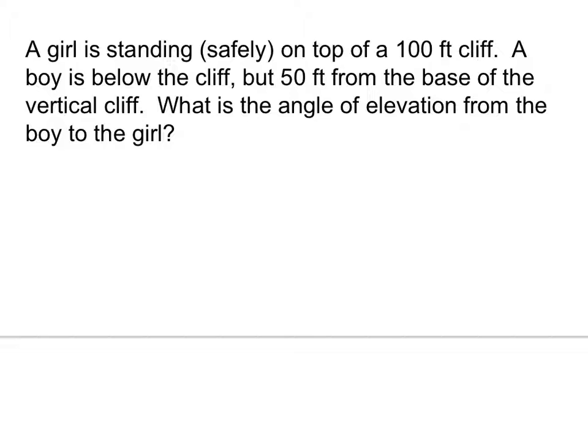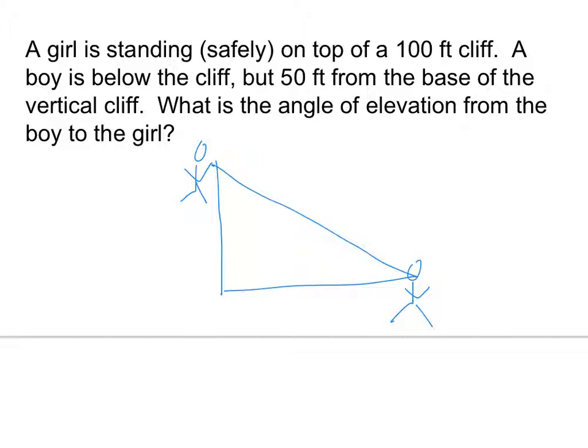A girl standing safely on top of a cliff sees a boy below. Now, one thing about a problem, be careful if you have to add a distance. In this case, I don't. It's asking what is the angle of elevation, what's this angle right here, if the cliff is 100 feet tall and the boy is standing 50 feet away from the cliff.